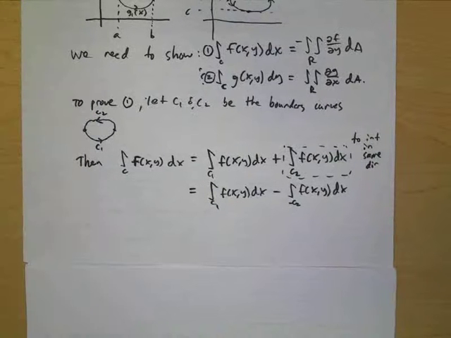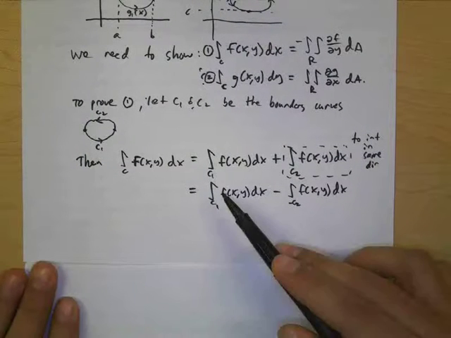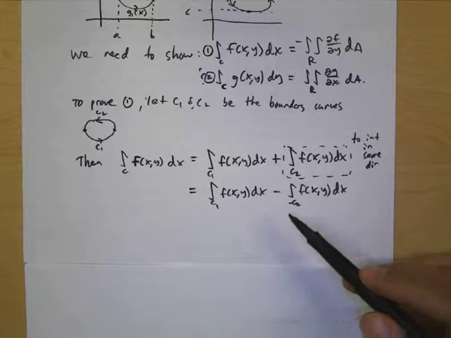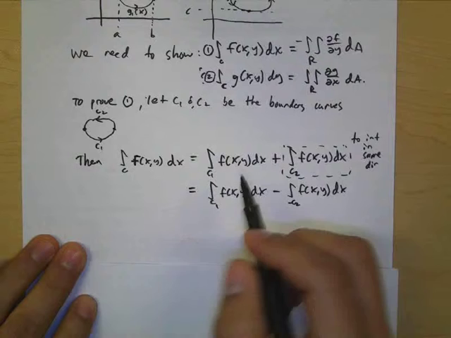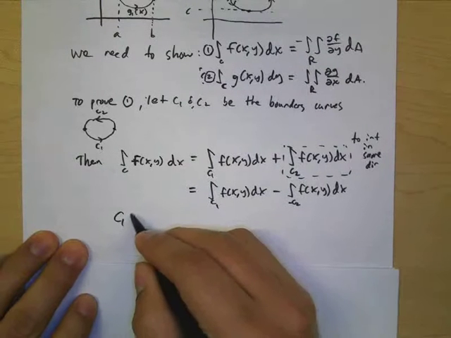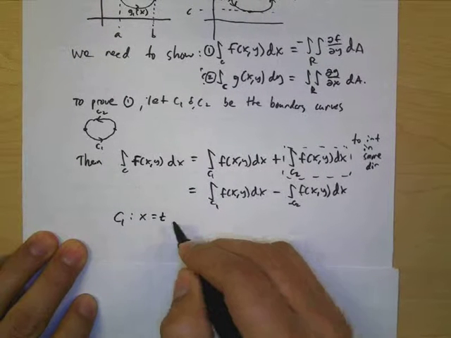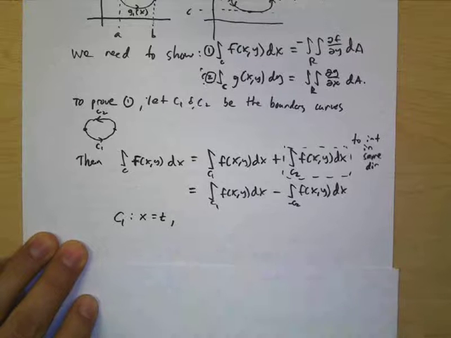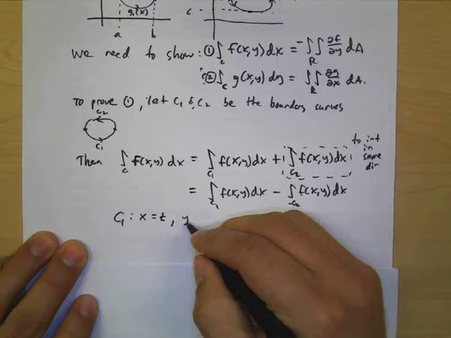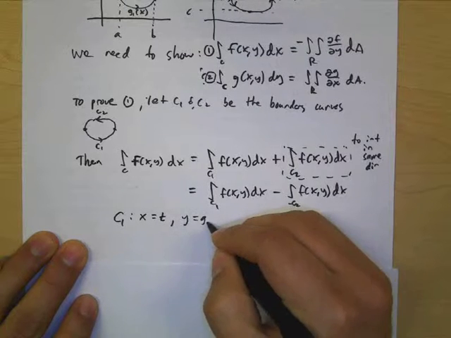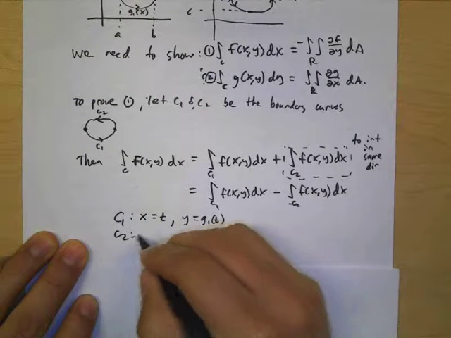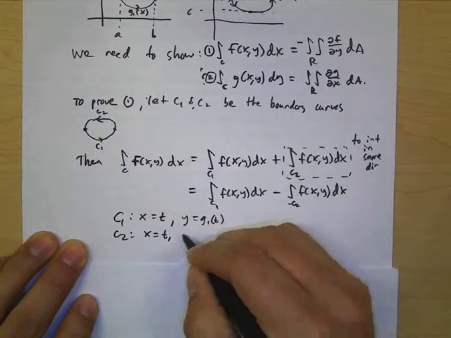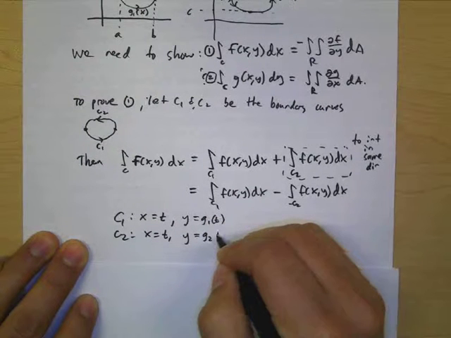Okay. And now when we integrate these line integrals, we need some sort of parameterization for them. So what we can do is a standard parameterization. For C1, if we let x equal t, and now here's where we bring in the g1 and the g2, if we let y equal g1 of t, and we do the same for C2, x equals t, but now y would be g2 of t.